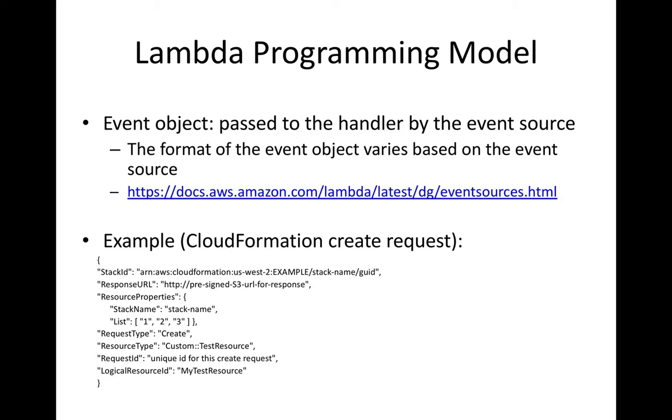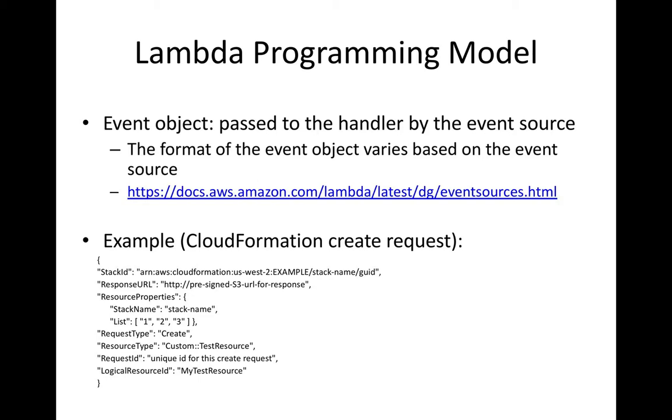For example, you could trigger a Lambda function using a CloudFormation template or API gateway or S3 bucket or Kinesis stream. I mean, there's dozens of different ways to trigger a Lambda function, and each source that's triggering that Lambda function is going to create an event object and pass that object into the handler function in the Lambda function.